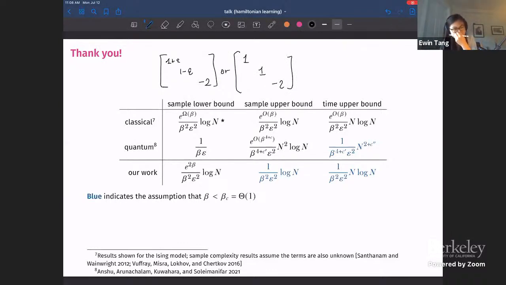Because you have this term that's the large portion of your magnitude, you're very rarely going to see either of these in a sample. So this gives you one of the cases, the e to the 2 beta over epsilon squared, and then you can do the other direction, a different case for the 1 over beta squared epsilon squared.